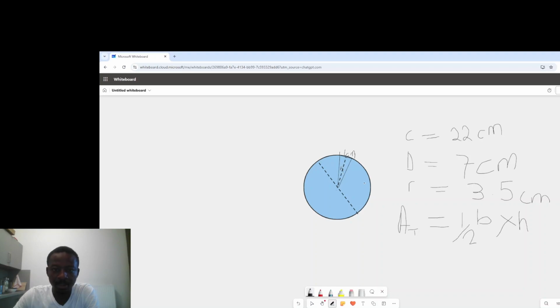The red dotted line is the height, which is the same as, so let me write it as h is equal to r. Yep.